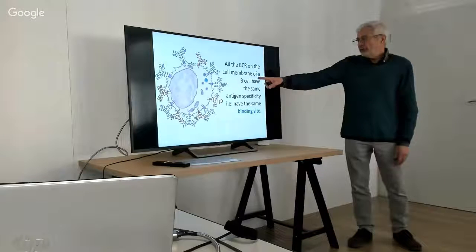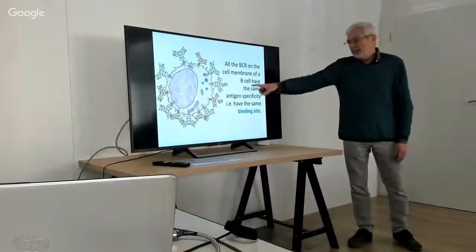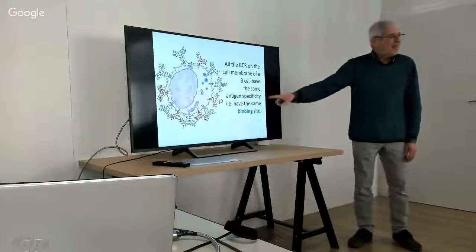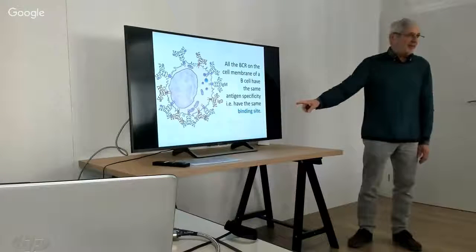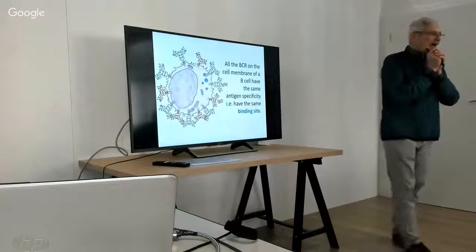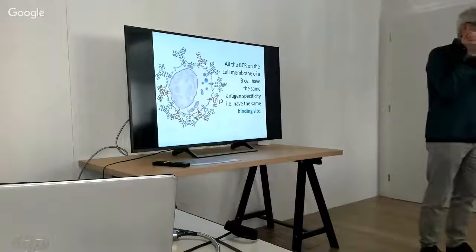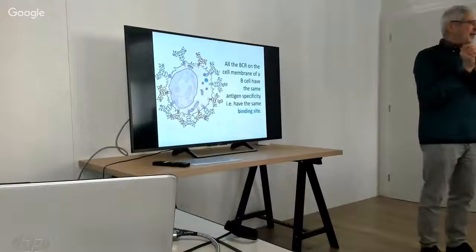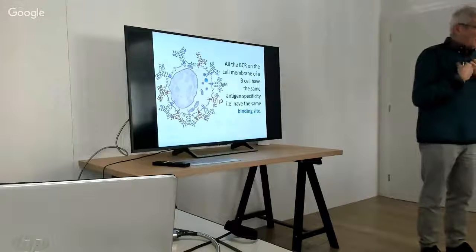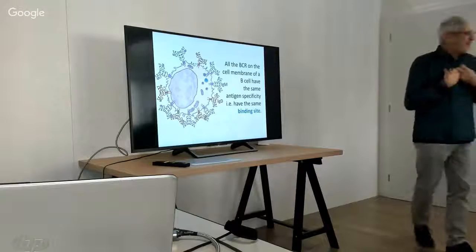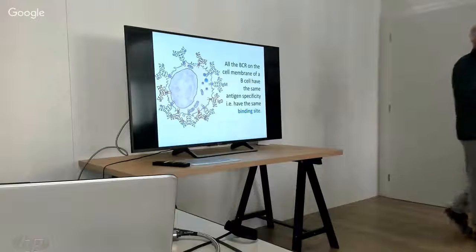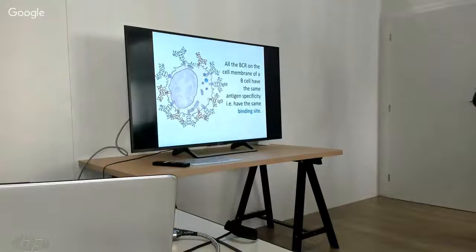All the BCR on the cell membrane of a B cell have the same antigen specificity. Please, I hope you will not make a mistake when you get this question in a test, because I will commit apoptosis if you make the mistake. So one T lymphocyte, one B lymphocyte, one specificity.